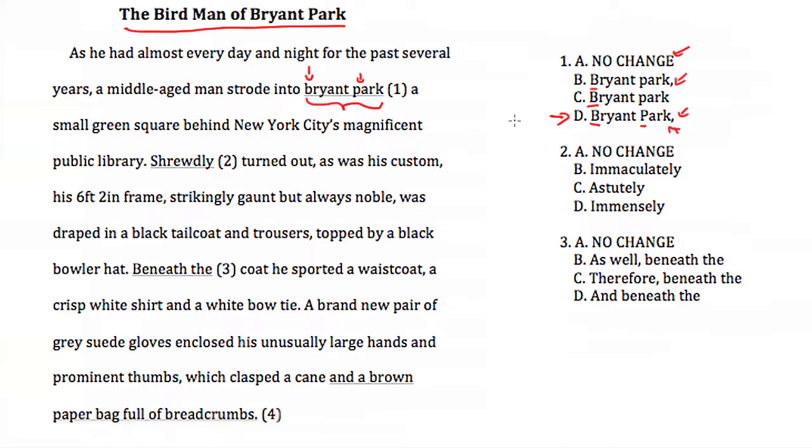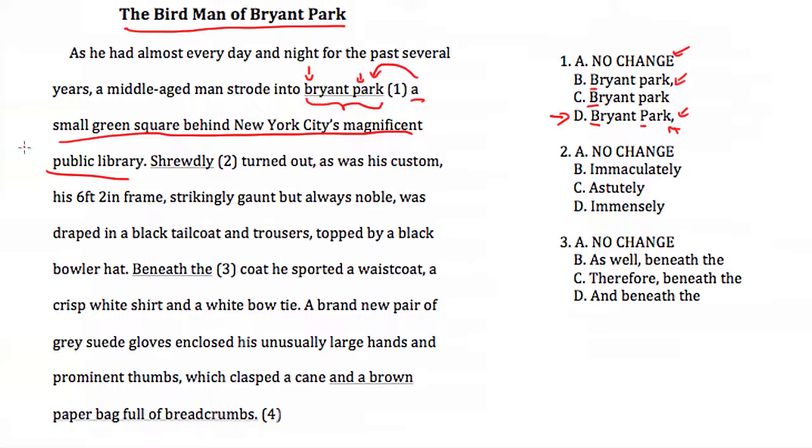As he had almost every day and night for the past several years, a middle-aged man strode into Bryant Park, a small green square behind New York City's magnificent public library. Now this here is all an explanation of what Bryant Park is.